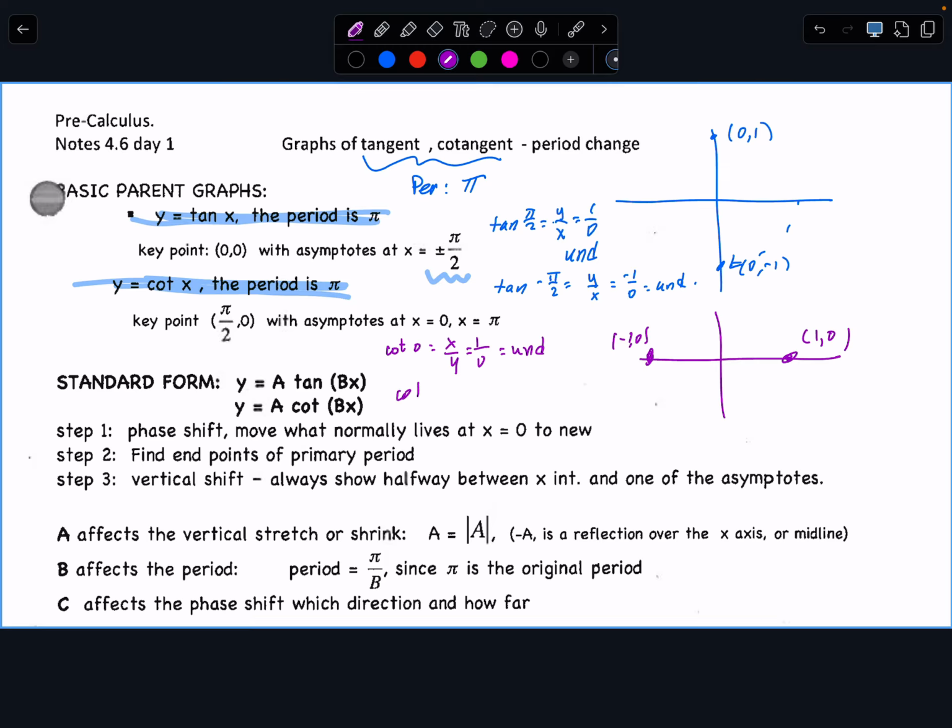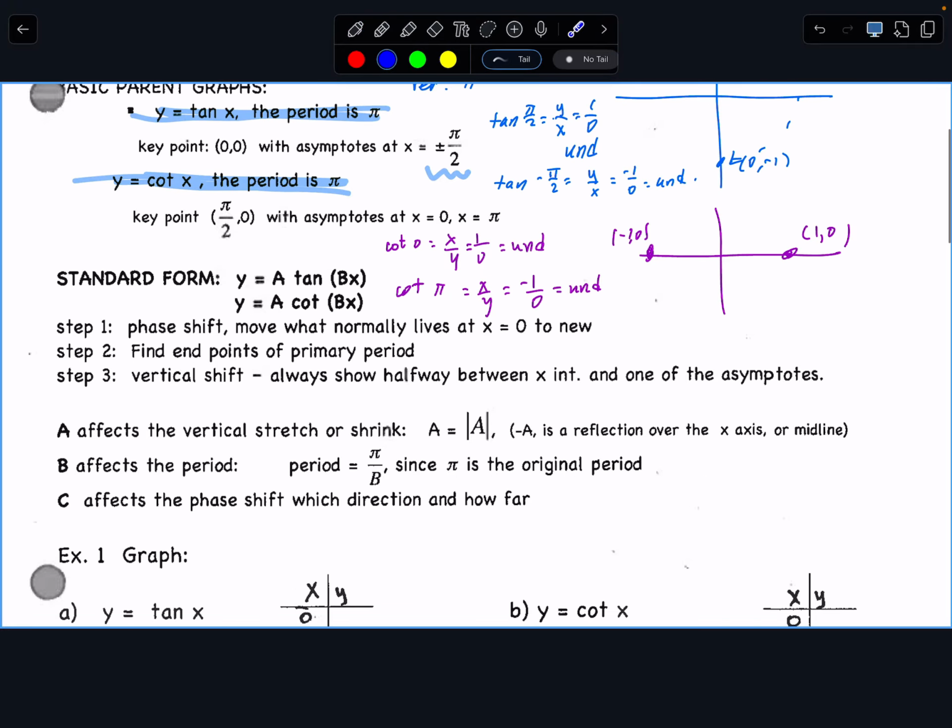And at cotangent of pi, again, you have x over y, and x is negative 1, and y is 0, and that is undefined. So for cotangent, you get asymptotes at 0 and at pi. And that's going to play into what their graphs look like.